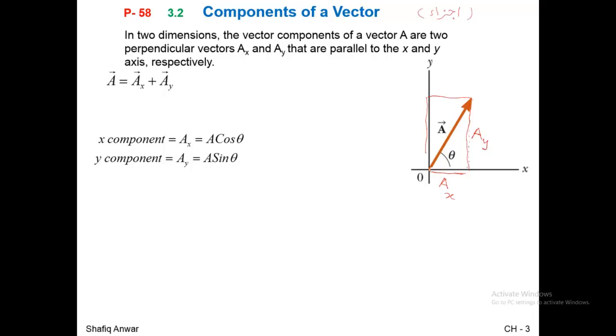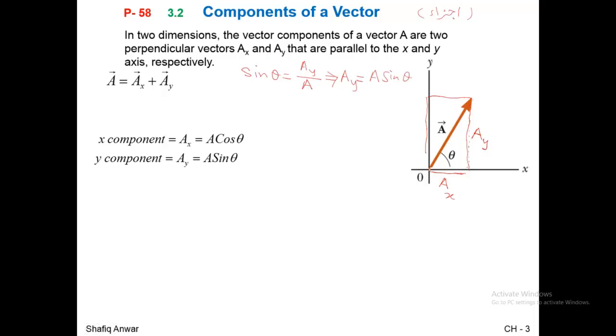You have done in the trigonometry course the trigonometric identities, that if you have this triangle, sine theta will be equal to ay divided by the hypotenuse a. This will give you ay is equal to what?